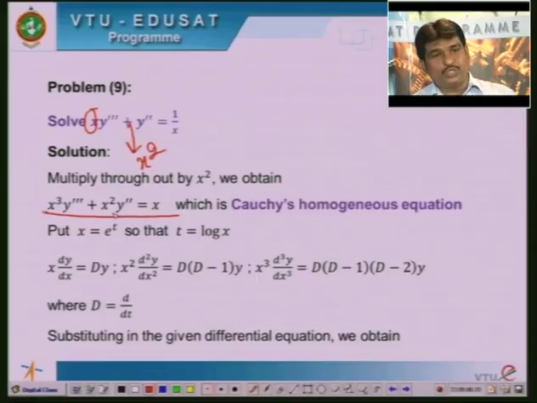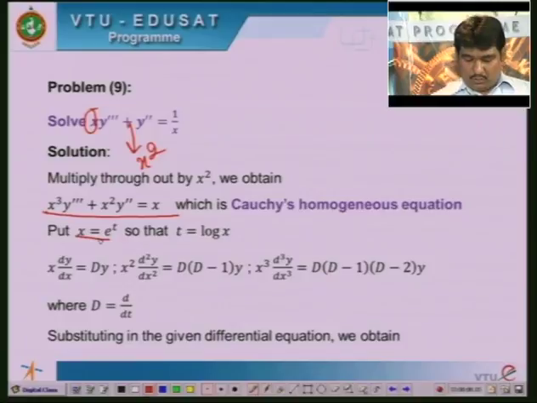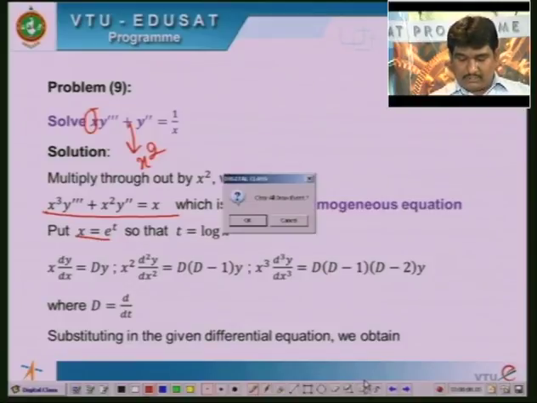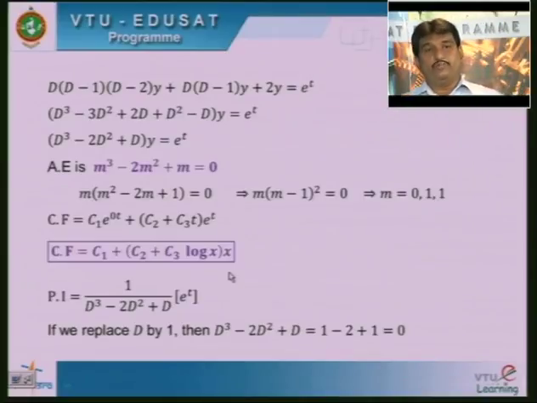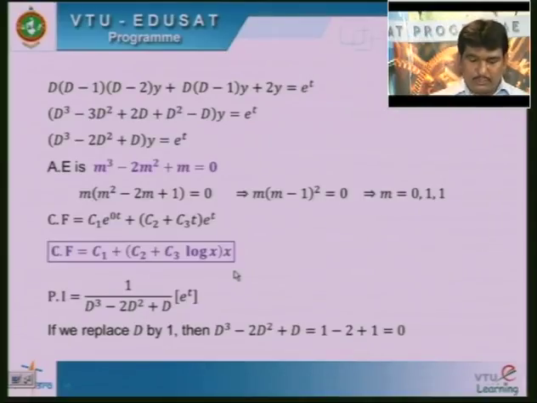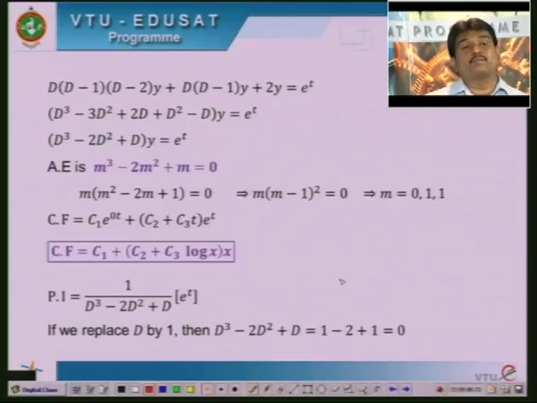Now as usual, make the substitution x equals e to the power of t to reduce this to an equation with constant coefficients. After substituting all these things in the given differential equation, we get D into D minus 1 into D minus 2 into y plus D into D minus 1 of y plus 2y equals e to the power of t.